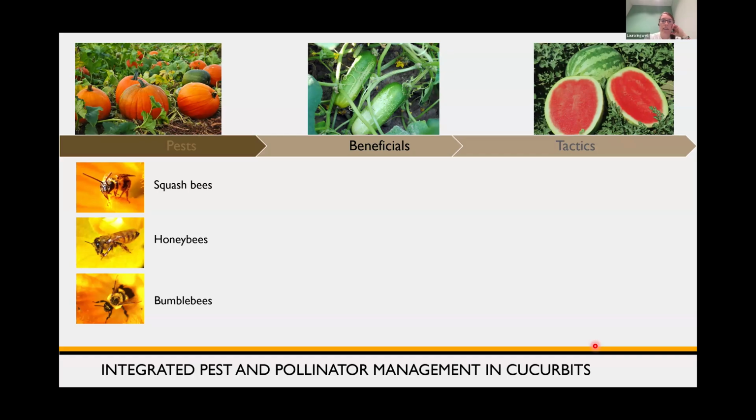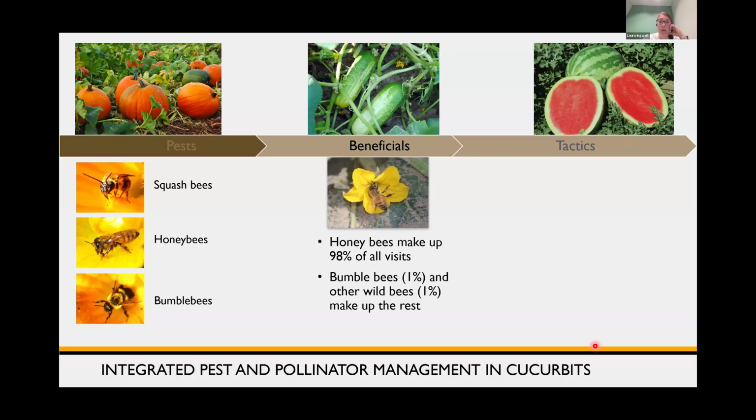If we look at pickling cucumbers in particular, this was some work that Zofia Sendre and a couple of postdocs in her lab did, conducting pollination observations in pickling cucumbers, and 98% of all bee visits to those flowers in pickling cucumber fields were honeybees. 1% was bumblebees and 1% were other wild bees. These are coming out of commercial pickling cucumber farms in Michigan. The pumpkin observations were done in Ohio.